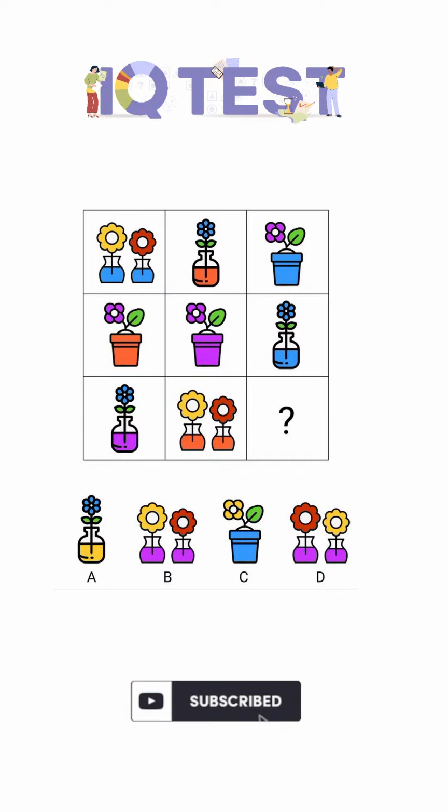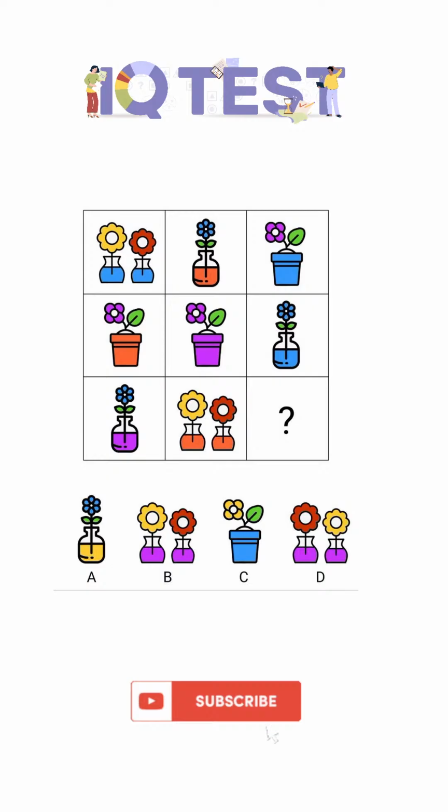So option C, yellow flower and green leaf, is out automatically. And option D, which is a big brown flower and a small yellow flower, is also out. C and D are out because they don't look anything like the colors in the previous ones. So the answer is between A and B.